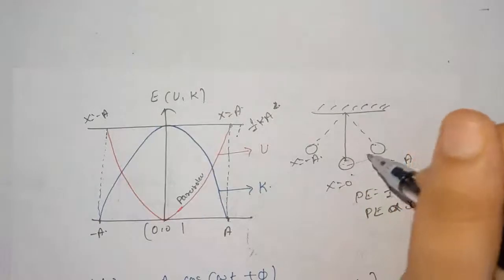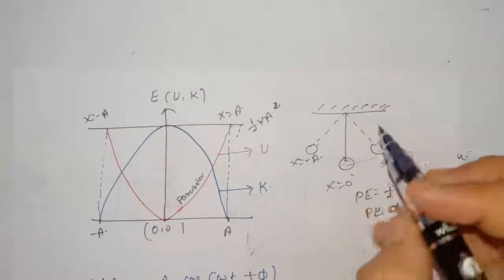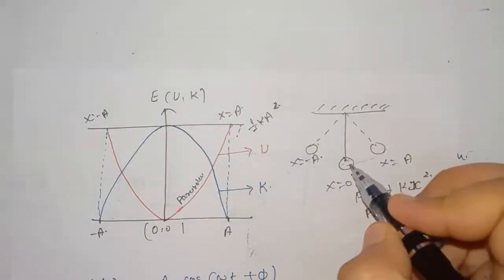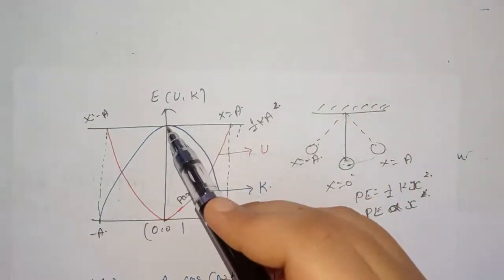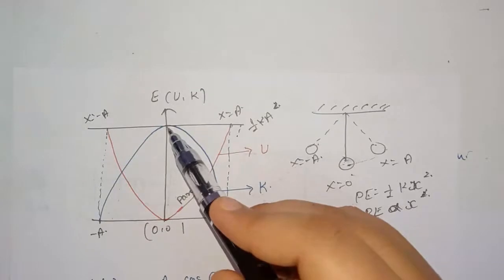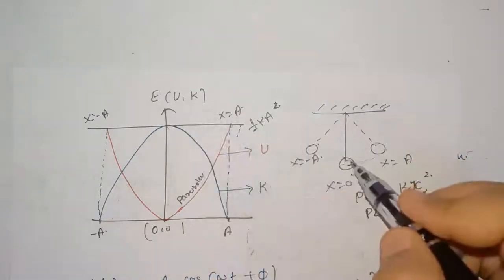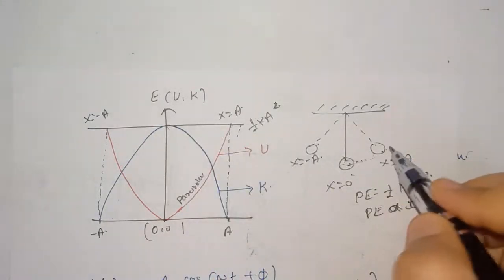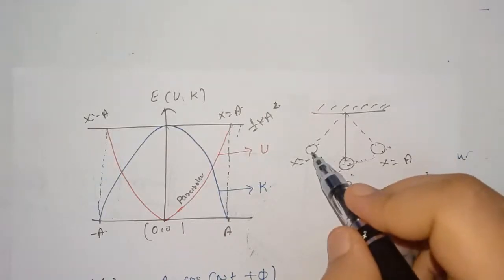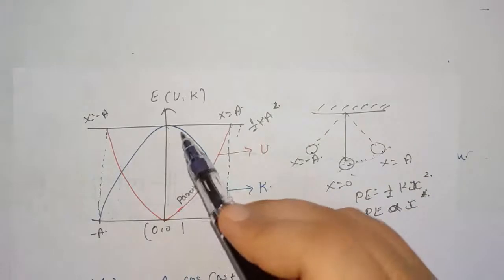Now, as for the case of kinetic energy, at mean position, kinetic energy is maximum. So at x equals 0, kinetic energy is maximum. As we move towards either side, x equals a or x equals minus a, potential energy increases and kinetic energy decreases.